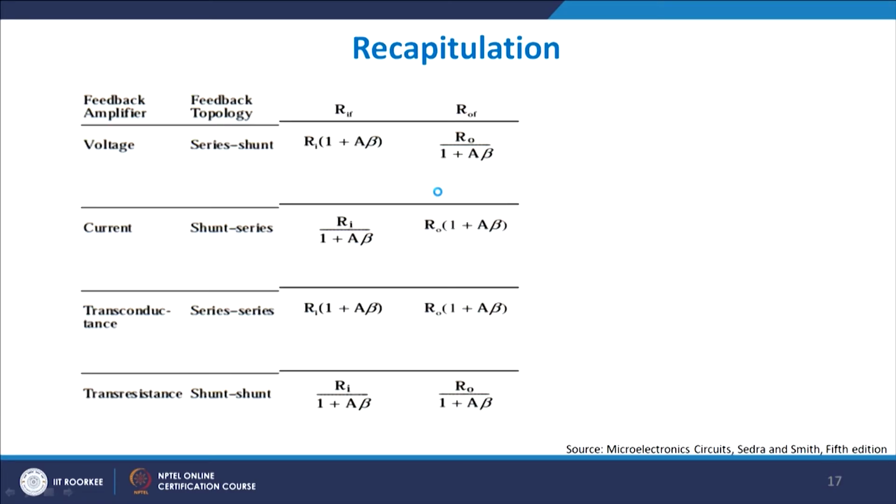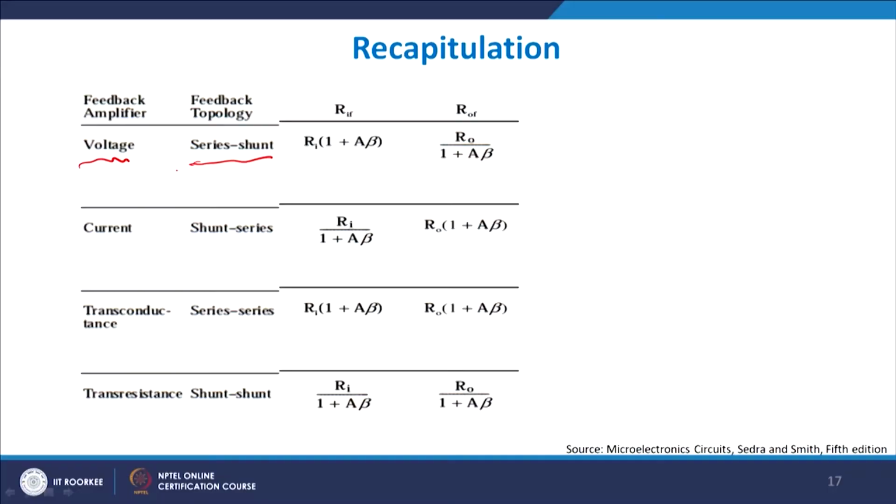Okay. So, to recapitulate, let me show you the recapitulation points: when you have a series shunt topology, your feedback amplifier is generally a voltage amplifier. Whenever you have a shunt series, it is basically a current amplifier. Whenever you have series transconductance, and whenever you have a shunt, you have transresistance, Shunt-Shunt.